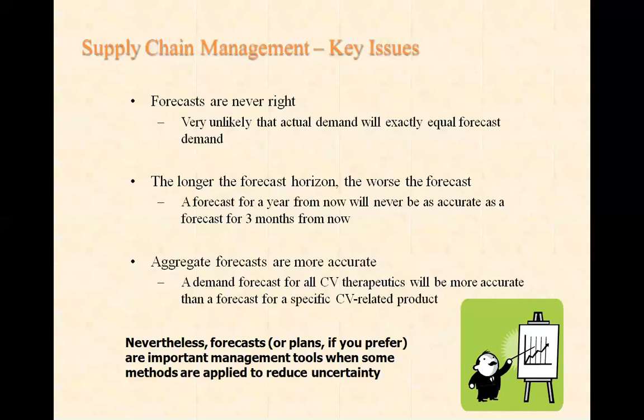Aggregate forecasts are more accurate. A demand forecast for all CV will be more accurate than a forecast of specific CV related product. Nevertheless, forecasts, or plans if you prefer, are important management tools when some methods are applied to reduce uncertainties.